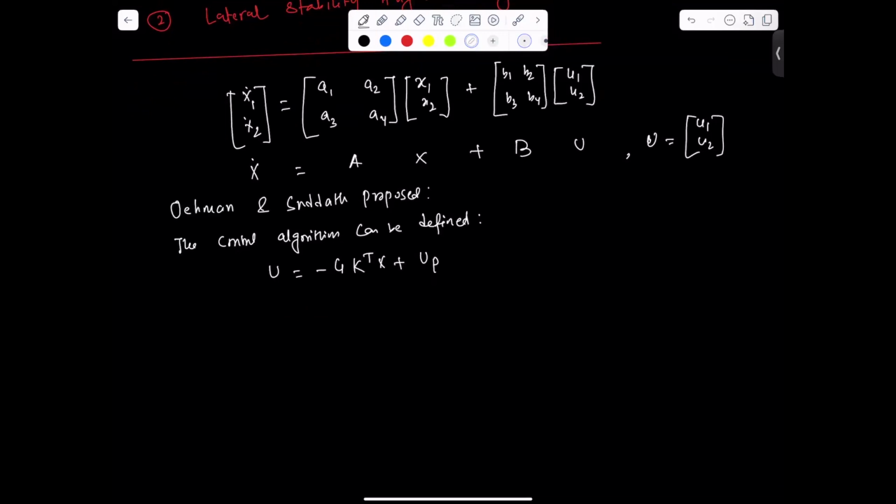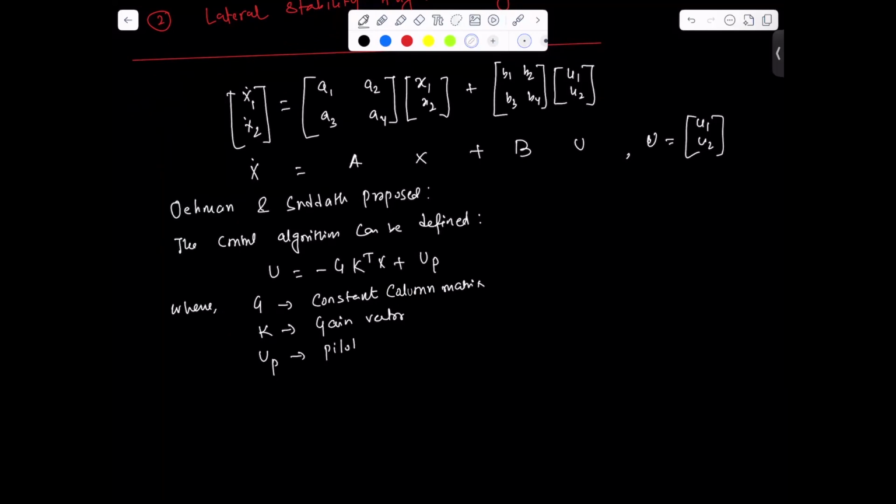Here, G is a very important parameter, a constant matrix, and K is the gain vector, and up is the pilot control input.